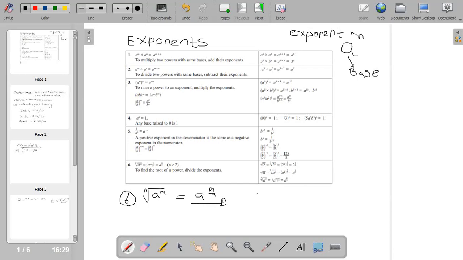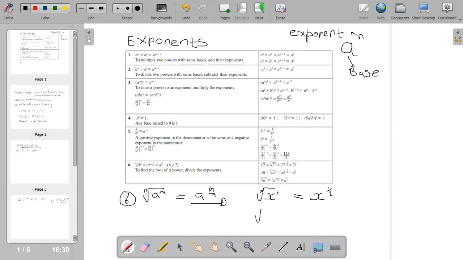That means if we have the square root of x, since x has exponent 1 and the square root is the root of 2, the answer will be x exponent 1 over 2.